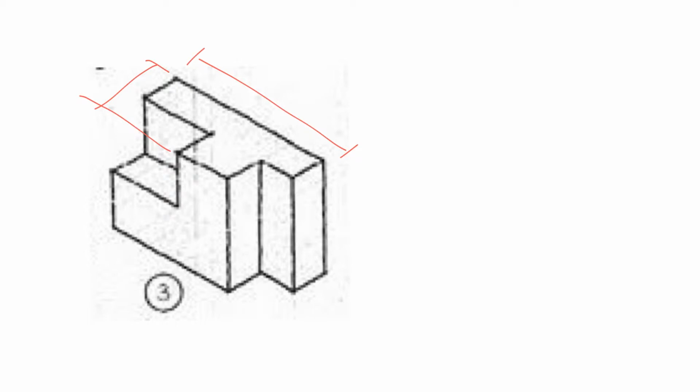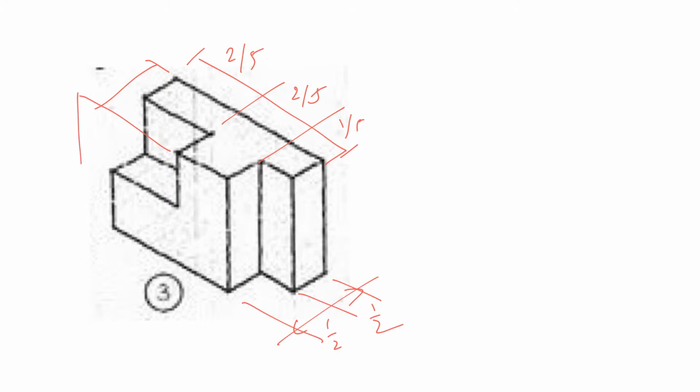I will assume that this is about 2/5, and this is about 2/5, and this is about 1/5 over here. And then over here, I would like to apportion half and half. And this length over here, I'll also apportion half and half.